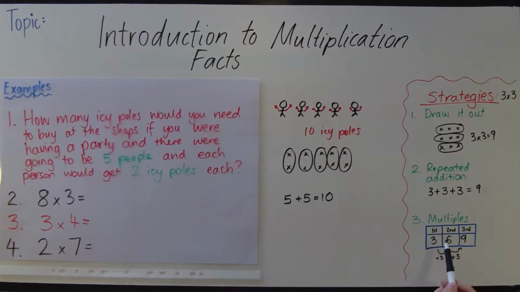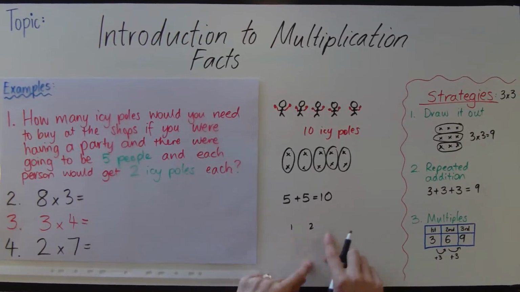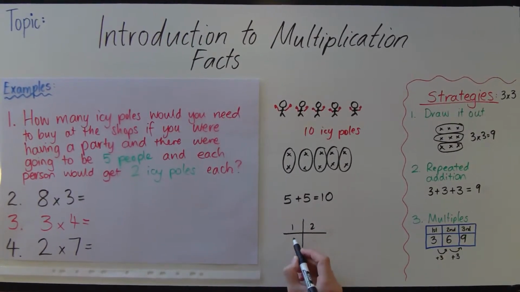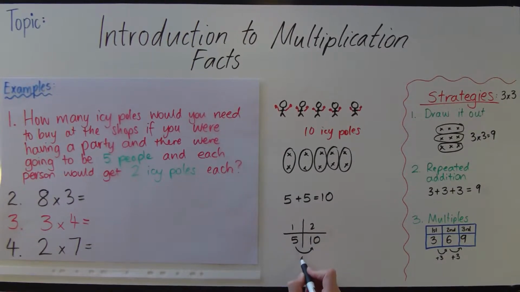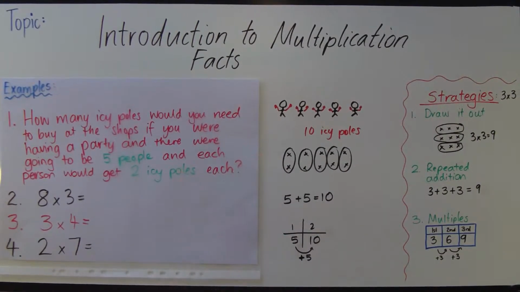And finally, the last strategy I'm going to help you with today is using the multiples that we looked at in the last video. You know you need to count in 5s 2 times. So you go 5, 10. So you're counting in 5s 2 times, which equals our answer.